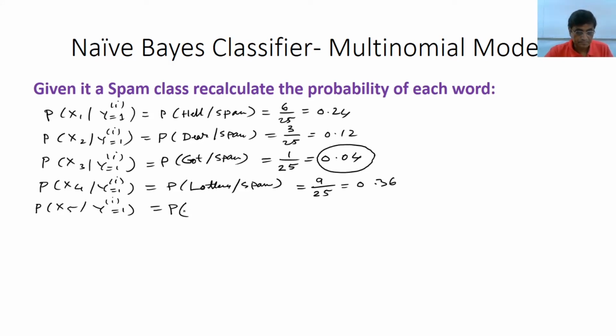So that is your choice, how much the alpha value is, 1 or 2. Money, 6 by 25 equals to 0.24. So please check whether it is 1 or not.